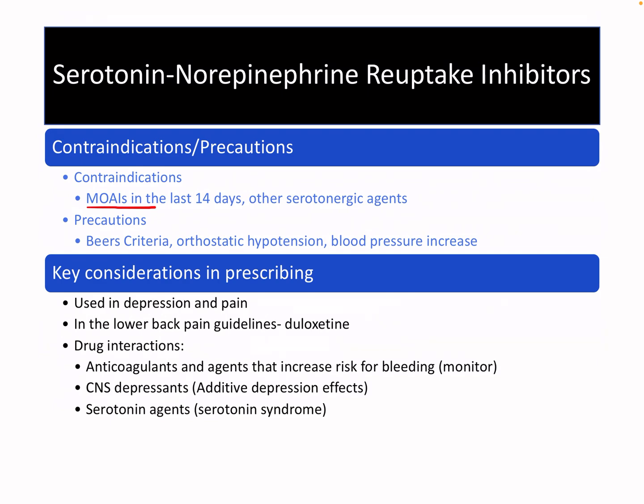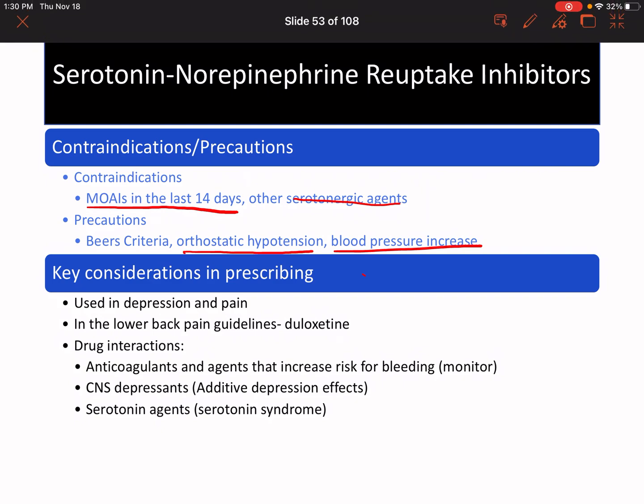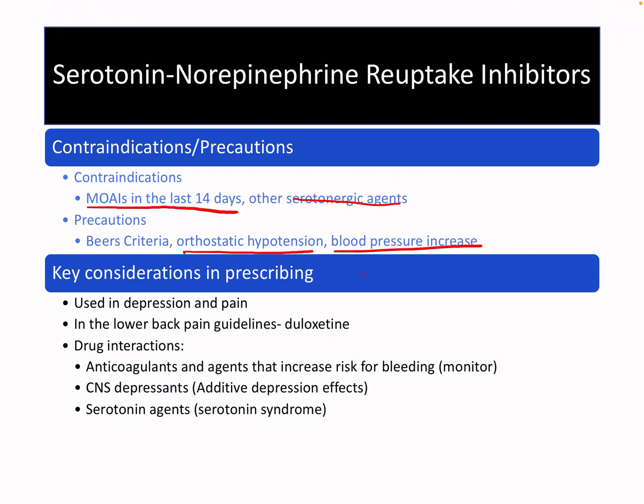It is contraindicated if you've had an MAOI in the last 14 days and the use of other serotonergic agents. It has been associated with orthostatic hypotension and blood pressure increases, which may seem backwards, but in many cases patients may have orthostatic hypotension or hypertension, though rarely at the same time.